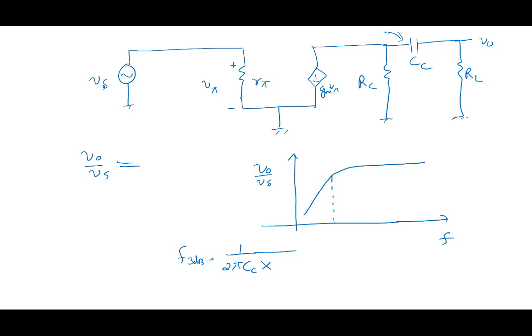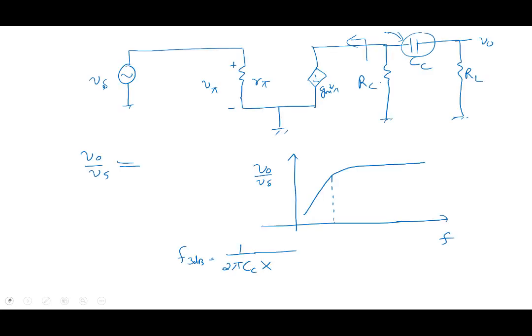We have to calculate what is the net resistance seen by C. So what is the resistance looking from here? Infinite. So it doesn't matter. So the resistance seen by Cc is nothing but RC plus RL. This RC and this RL. Okay.